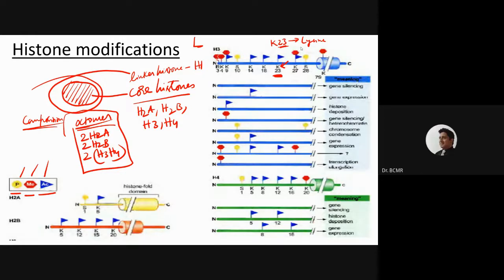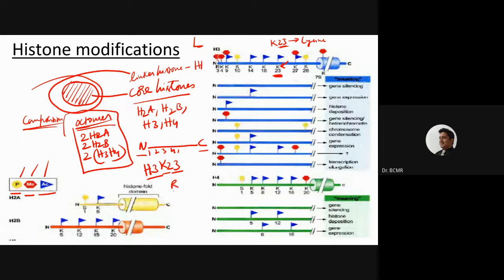Yes, position. In proteins, the position is always counted from the amino terminal to the carboxyl terminal, or N terminal to C terminal, 1, 2, 3, and so on. So if somebody says H3K23, it means lysine at position 23 of the H3 histone tail.